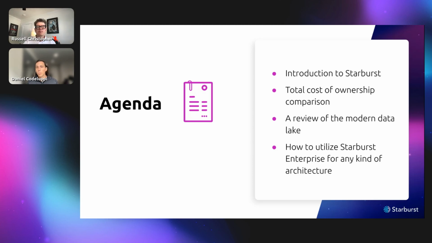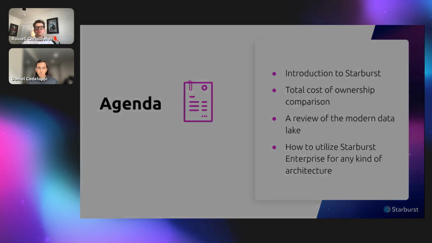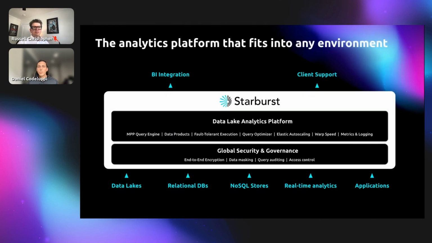I think it'll be a good segue into talking about what makes up a modern data lake that we reference in the title of the presentation. Then we'll finalize by walking through how Starburst excels for every stage of the architecture journey that you might be on. So jumping into it, at Starburst, we strive to make data accessible and simplify data architectures.